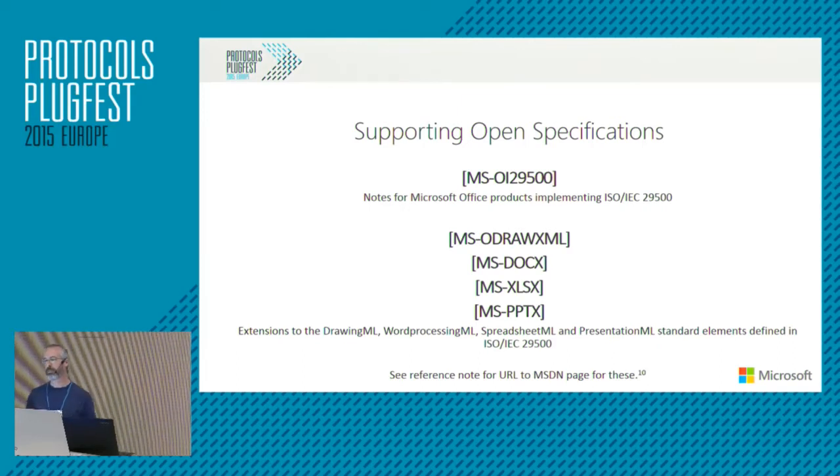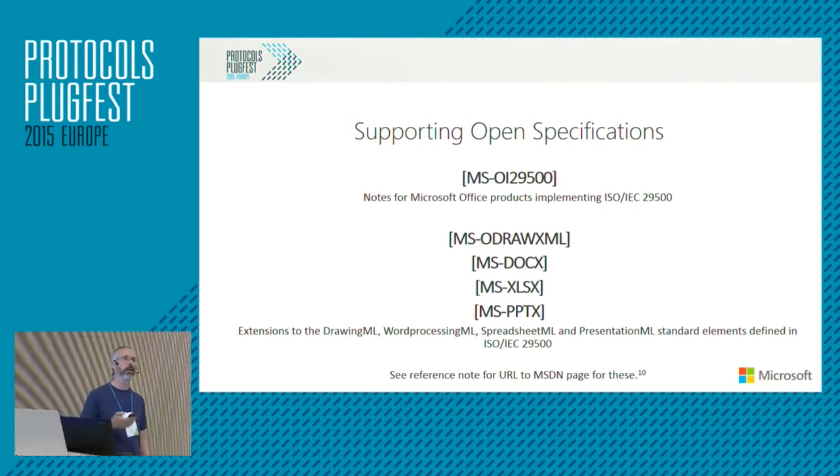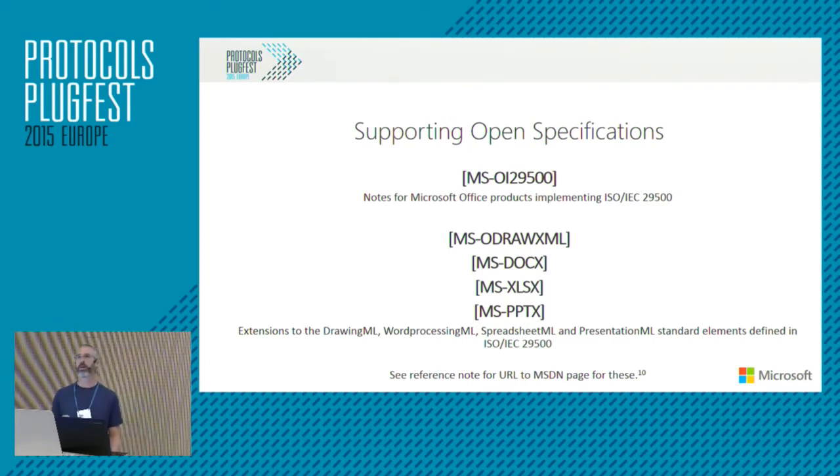Okay, and these are the supporting documents. I've already shown these, but MSOI 29500 is the supporting document, the implementation notes for the ISO 29500. And I think all these slides will be available. Is that right, Michael? Are these going to be available later? So if you guys are taking notes, you'll have access to all of these things. I know I put a lot of reference stuff in here. But MSOI 29500 are the implementation notes.